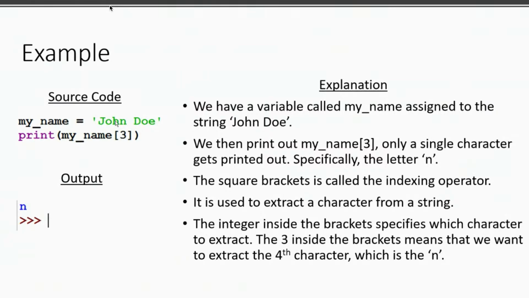N. Why N? It starts counting at 0. Indexing starts at 0. So the J is the 0th place, the O is the first place, the H is the second place, and the N is the third place. So when we pass the number 3 inside of our index, we get the letter N as our output.